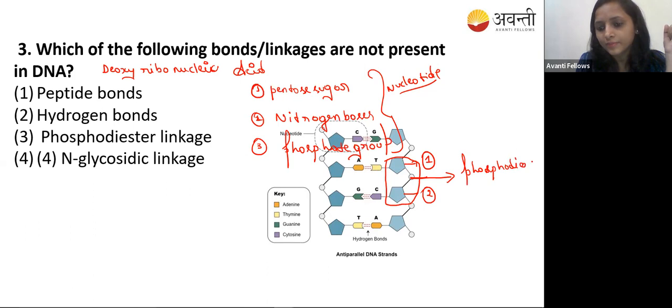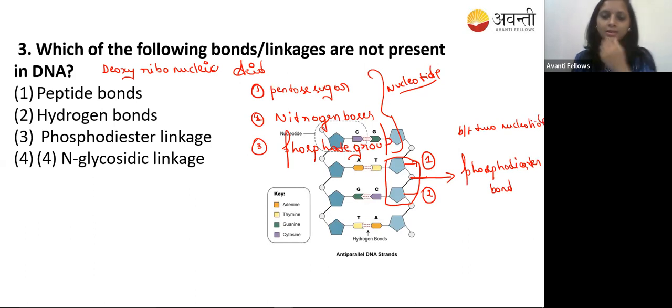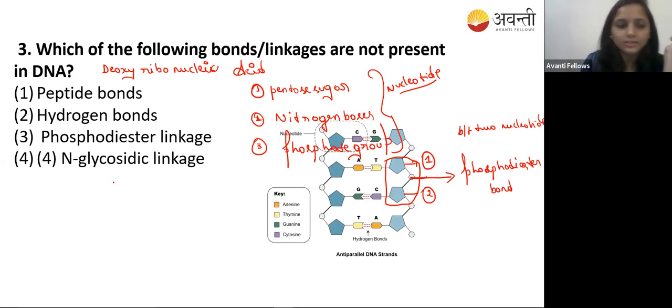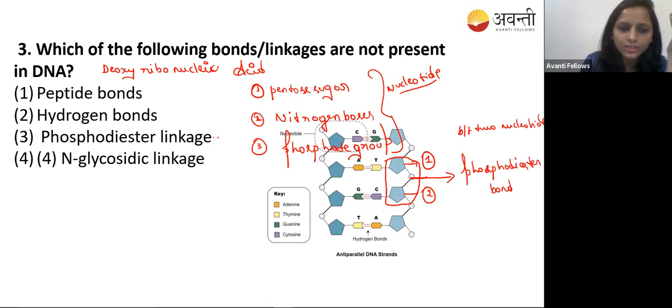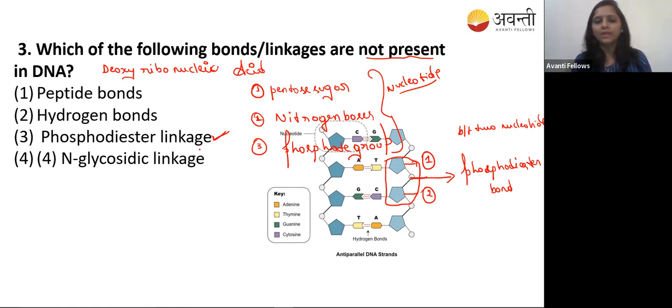It is present between two nucleotides. So option 3 is a correct thing, it is present in the DNA. Here they are asking which one is not present, so obviously the phosphodiester bond is present, and I am eliminating that option.